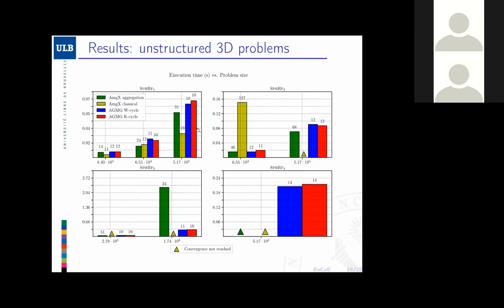Here we can see that, again, on the first problem AMGX is faster, but then quickly diverges for bigger problems, as does AMGX based on aggregation. And again, we can see that both of our implementations converge with a similar number of iterations.